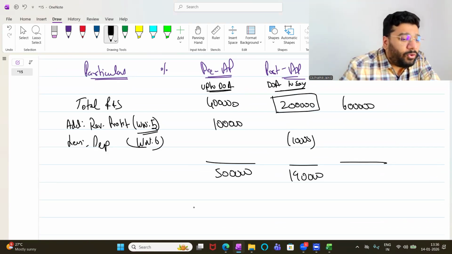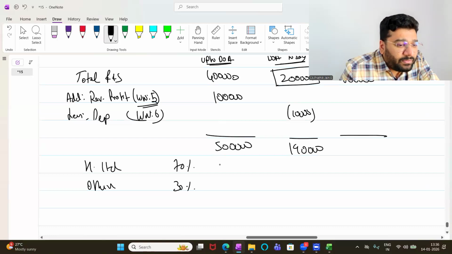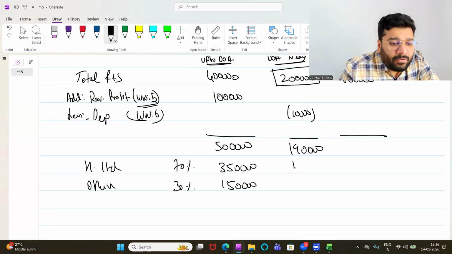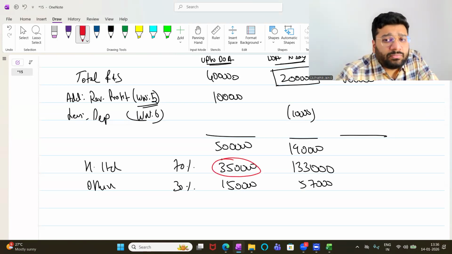Okay. What is the percentage of holding? 70%. Hedge Limited? 70%. Others? 30%. 3,50,000. नीचे अदर्स का 1,50,000. मैं पोस्ट में 1,33,000. हाँ, और नीचे 130 round is coming. हाँ, okay. नीचे 57,000. Where will this 3,50,000 go to?